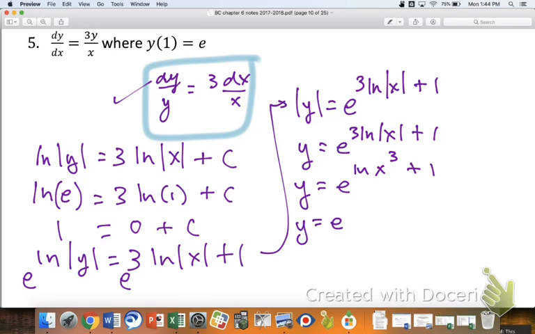You could also have that. And what is e to the ln of x cubed? Crazy, huh? So any of these would all be fine as far as answers go.